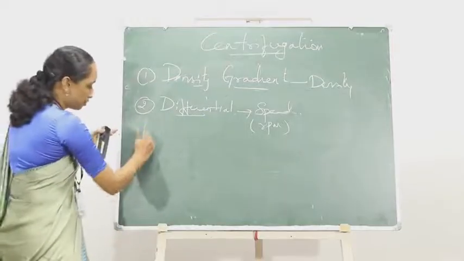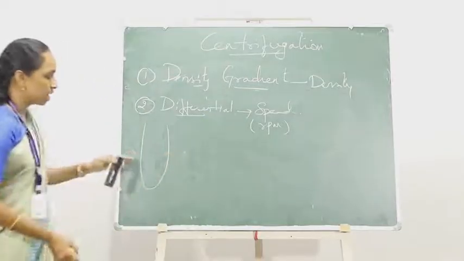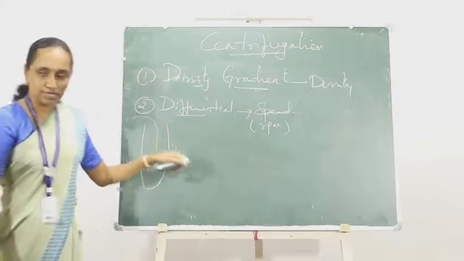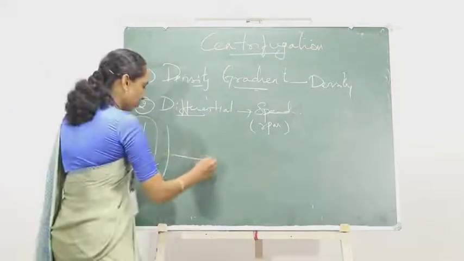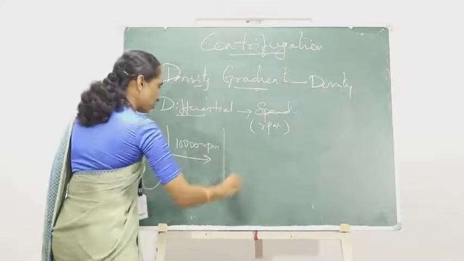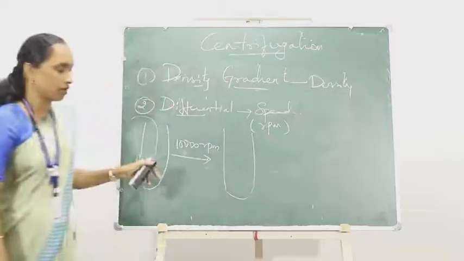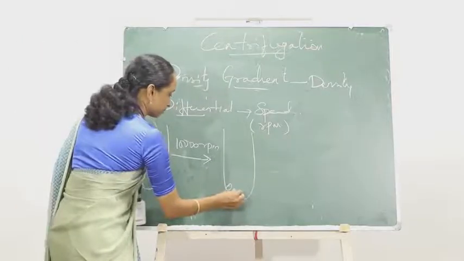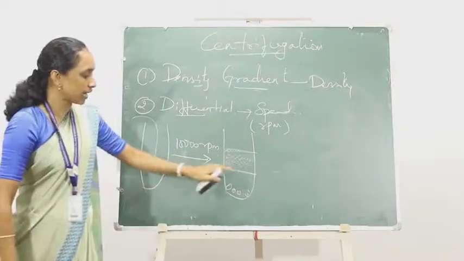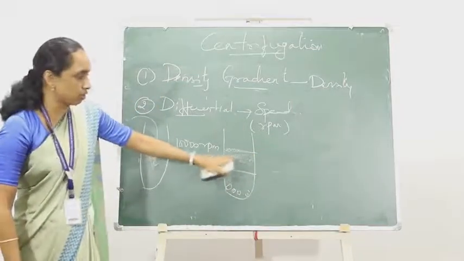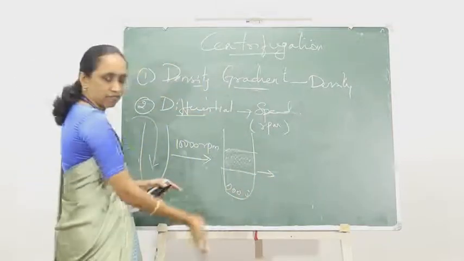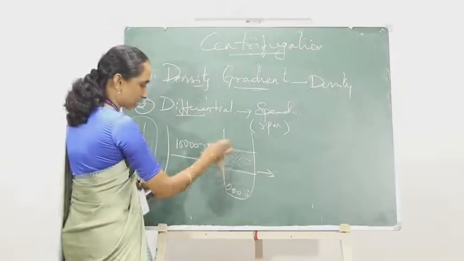For example, you take an Eppendorf tube and fill your sample which you need to separate and fix it in a centrifuge, and you initially give 1000 or 10,000 RPM. Only a few molecules will be separated and the rest will remain in the solution. Again, you take the pellet out and you take this extract alone.